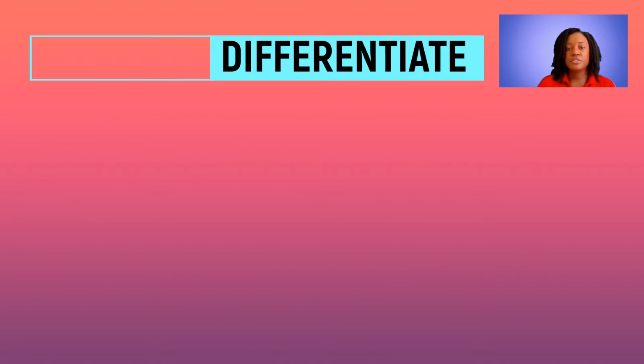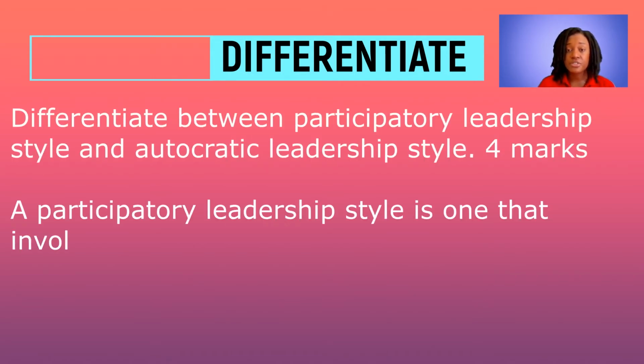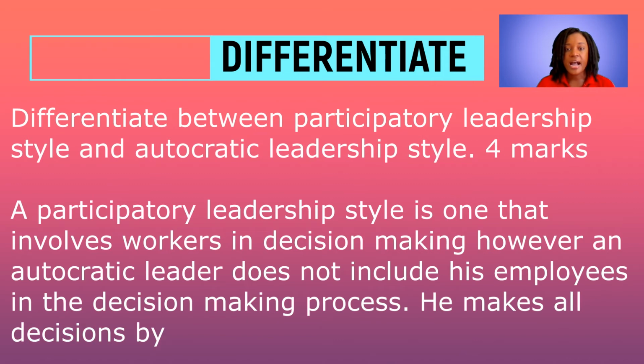Let's say you are asked to differentiate between participatory leadership style and autocratic leadership style. Now let's see what common factor we could think of there. The common factor could be whether employees are involved in decision making. So we could answer like this. In a participatory leadership style, participatory, you know that they're talking about democratic leadership style.